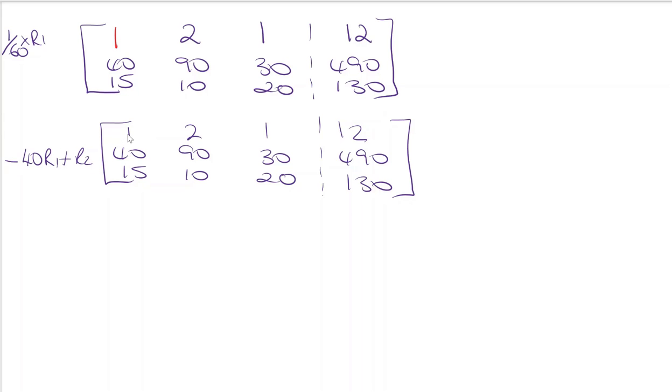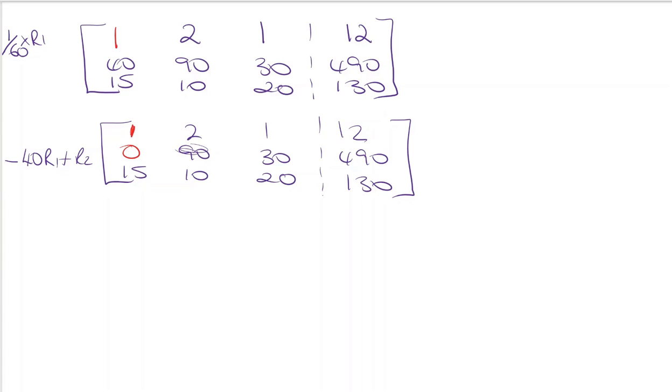So minus 40 plus 40, this then will become 0. Let me just change this one to a 1 in red. Okay, so now 90. So minus 40 times 2, that's minus 80, plus 90.